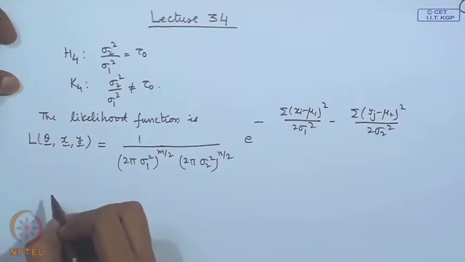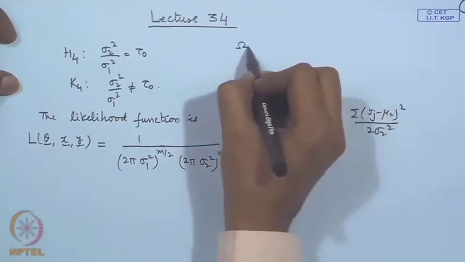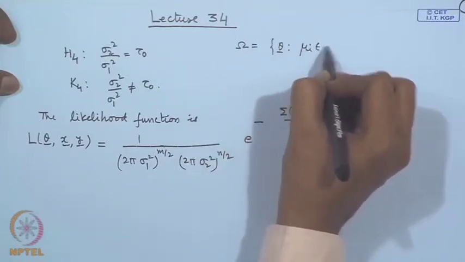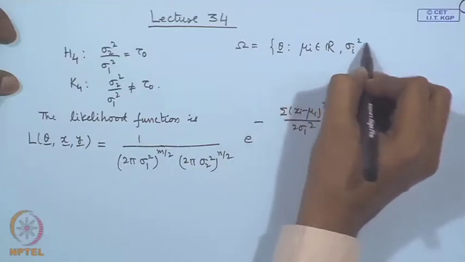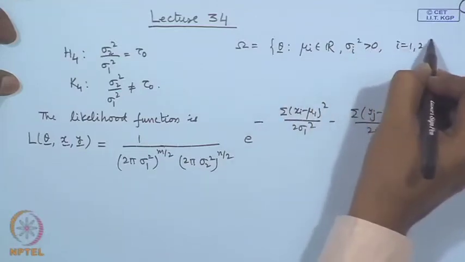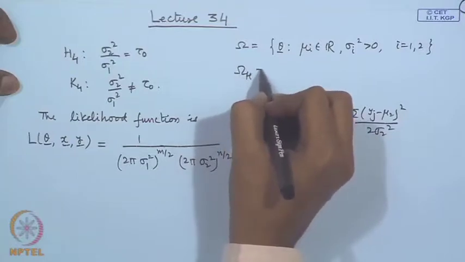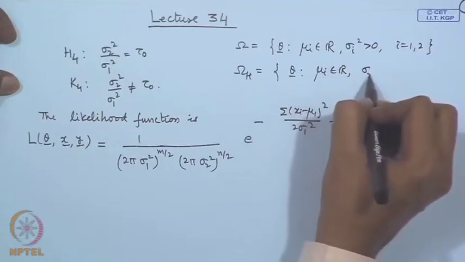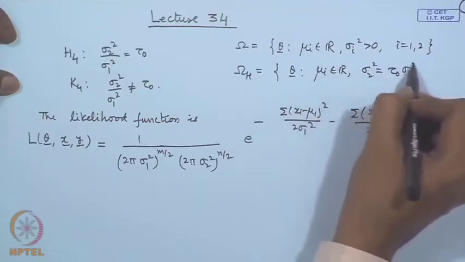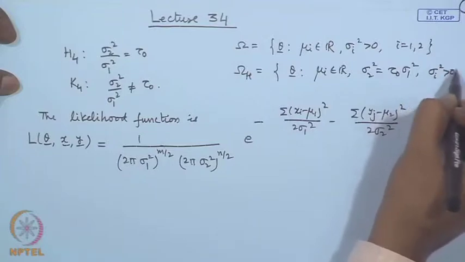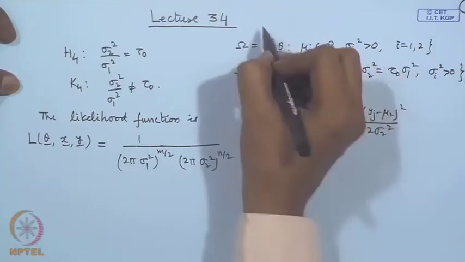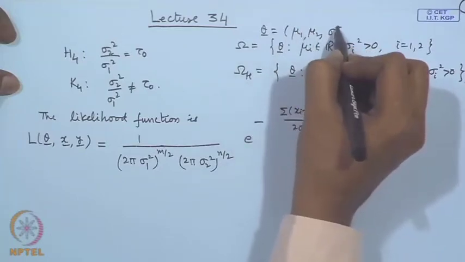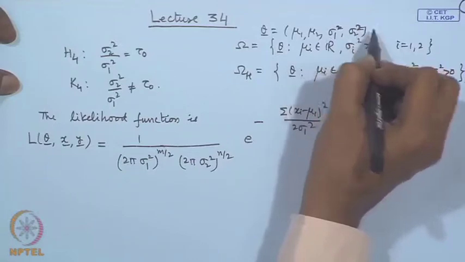And we are having omega equal to theta, mu i belonging to R and sigma i square greater than 0 for i equal to 1, 2, and omega h is now theta, mu i belonging to R and sigma 2 square equal to tau naught sigma 1 square, and of course, both are positive. Here our theta is mu 1, mu 2, sigma 1 square and sigma 2 square.